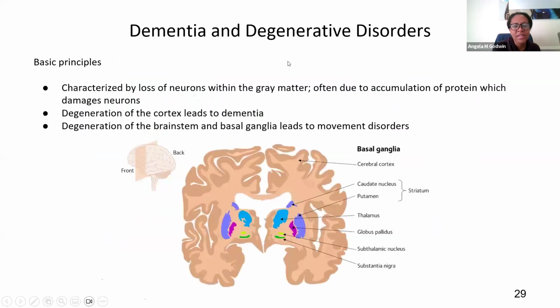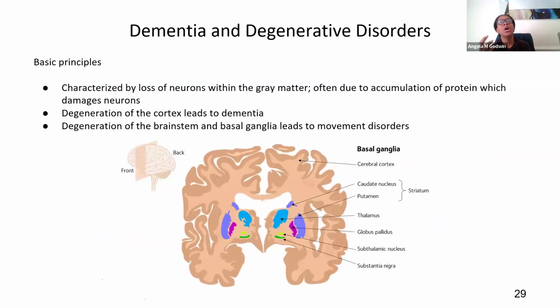And then I think we're going to end with this, right? Dementia and degenerative disorders. I mentioned the differences in gray and white matter. Loss of neurons within the gray matter is normally what we think about, when you think about signal origination.